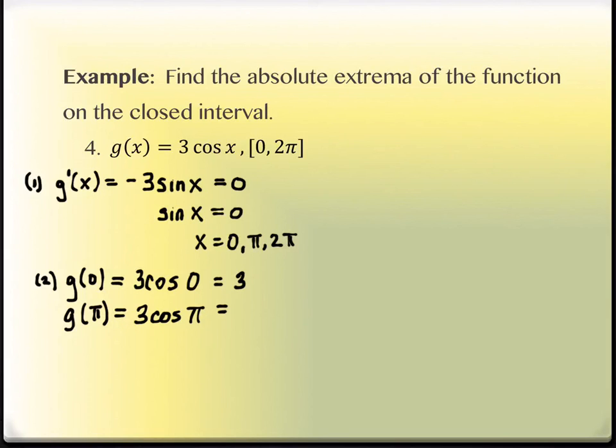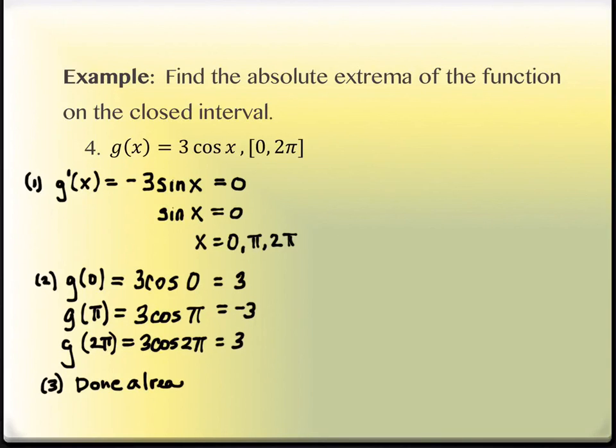What will that give me? Negative 3. Very good. And the last one, g of 2 pi. 3 cosine 2 pi, which would be 3 again. Right. And then I'll just write this down to remind ourselves that step 3 is done already, because it would be finding the endpoints, which was g of 0 and g of 2 pi, right? And we already did that.